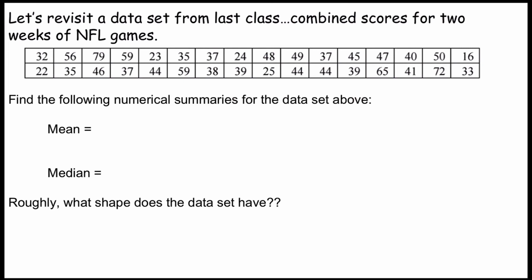Tell me based off your data which one you think it is, because we already know what shape it is. You graphed this one a couple days ago. So I want you to answer those two questions. Use your calculator for one of them. For the median, the calculator is not really going to help because it's not a calculation. I'll give you about 3-4 minutes.